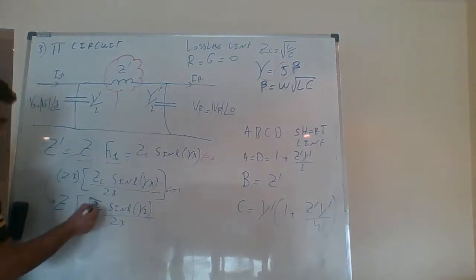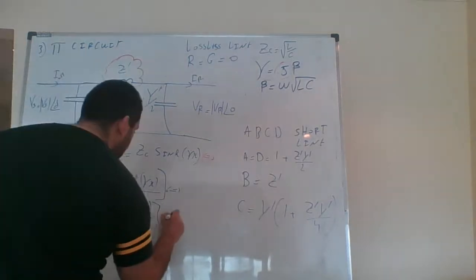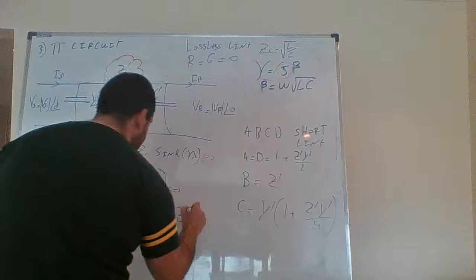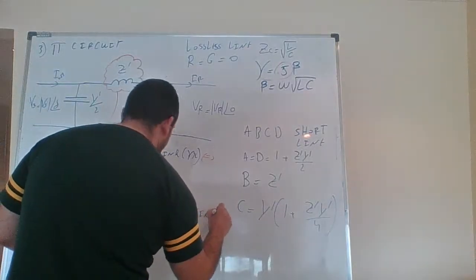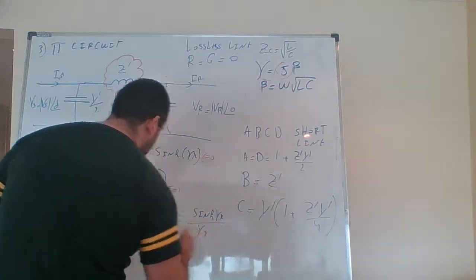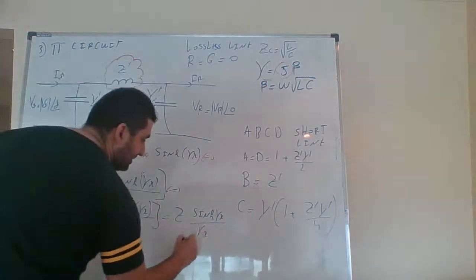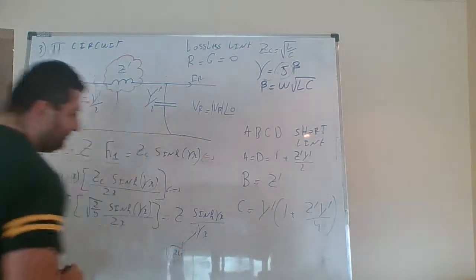See guys, if you take this relationship, this will give us Z multiplied by sine hyperbolic lambda x over lambda x. What's this lambda? Remember, it's the root of zy.